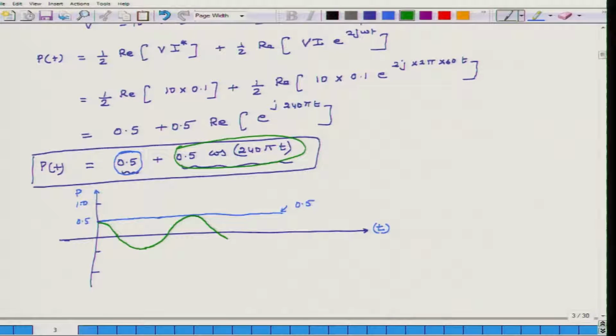So, it is a cosine wave, and the sum of both of these terms is going to look like this.